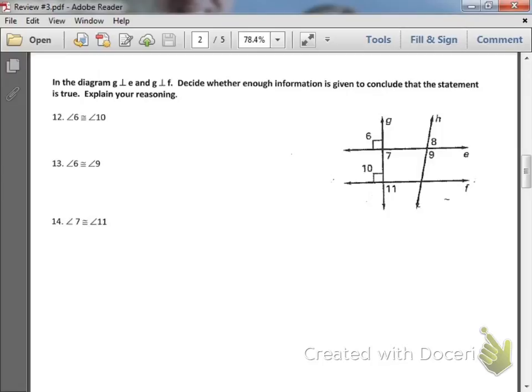So in this diagram, line G and line E are perpendicular, and line G and line H are perpendicular. No, line G and F are perpendicular, sorry. Decide whether enough information is given to conclude that the statement is true, and explain your reasoning. So angle 6 and angle 10, are those congruent? Yes. How do we know? They're both right angles.